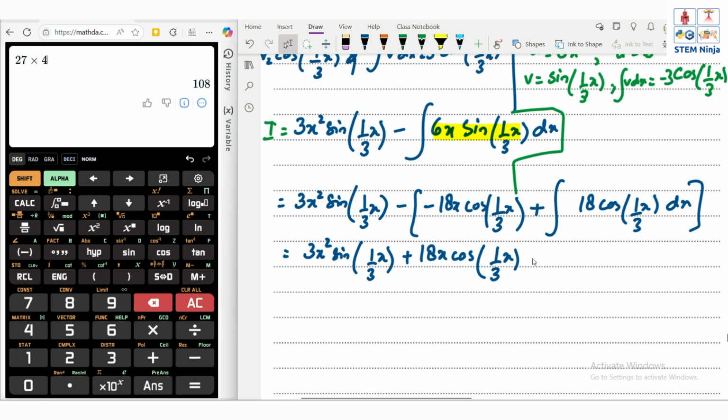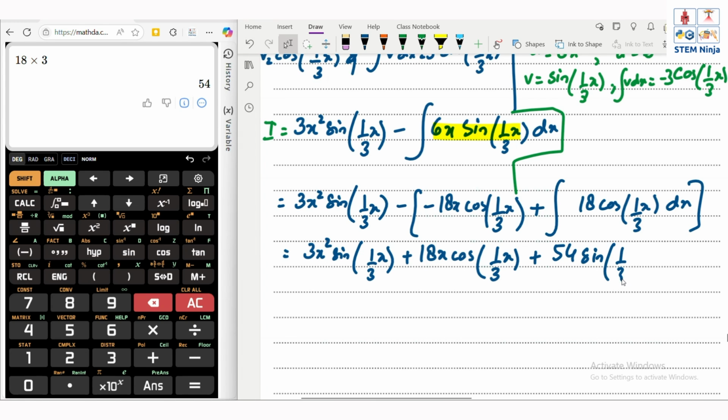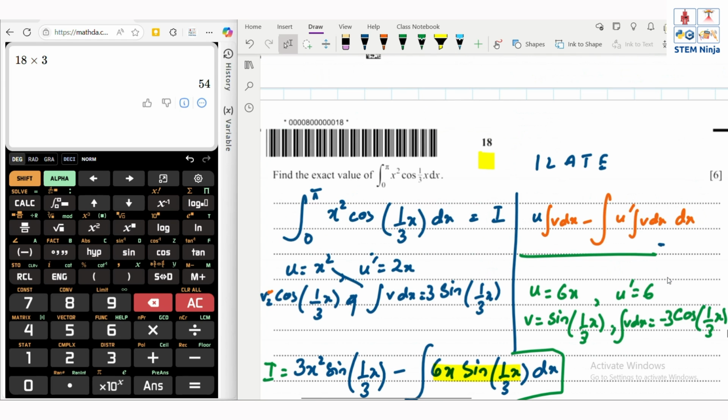So 18 times 3, 54 sine 1/3 x from 0 to pi.